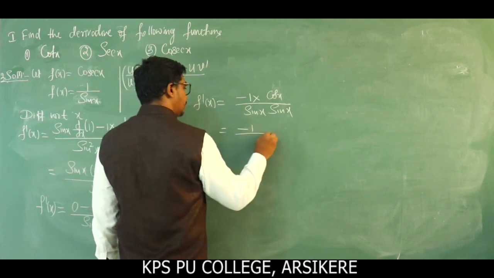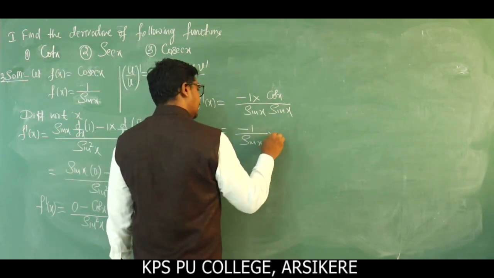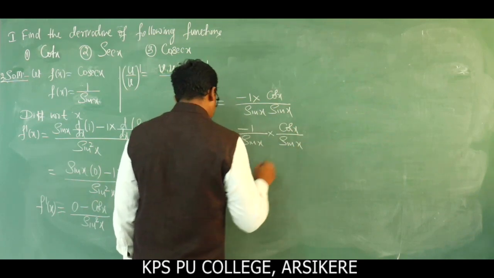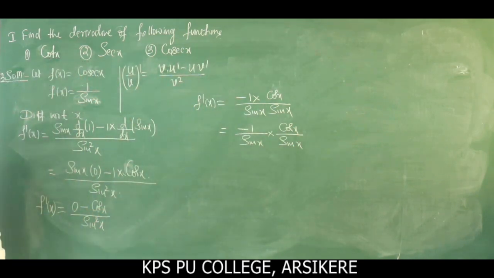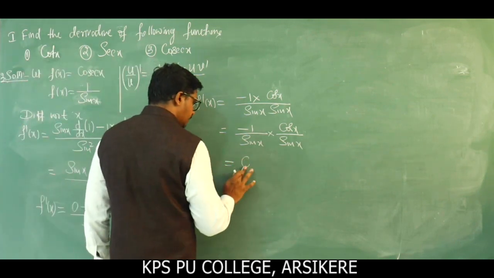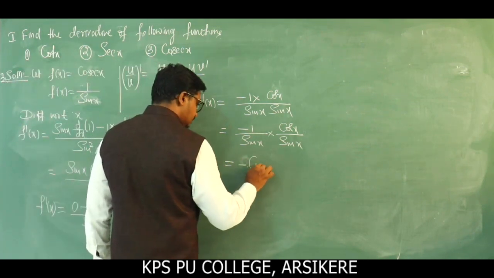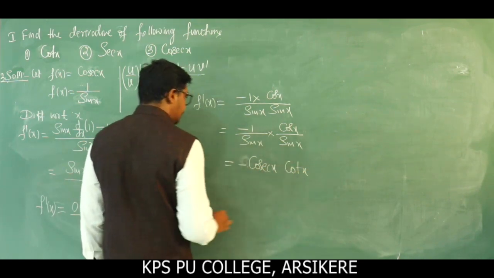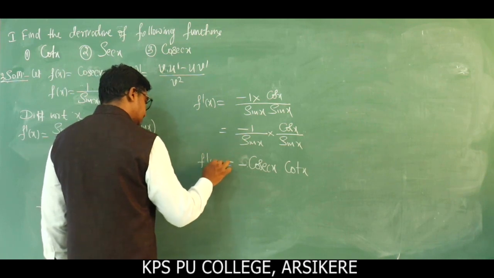This is minus 1 divided by sin x into cos x divided by sin x. 1 by sin is what for us? Cosecant x, right? This is minus cosecant x into cos by sin, which is cot. This is f dash of x.